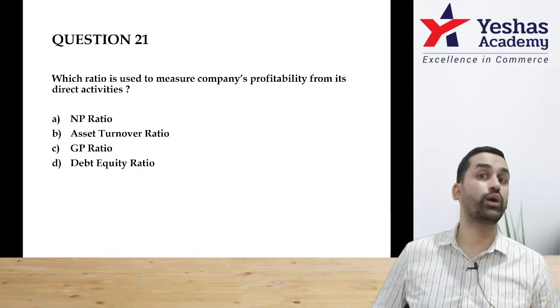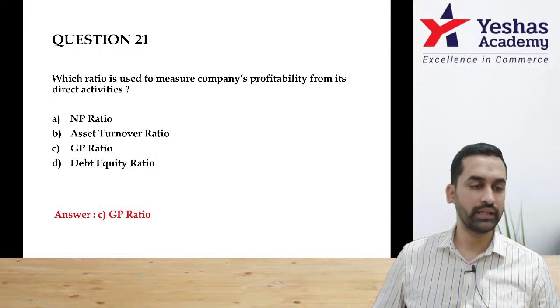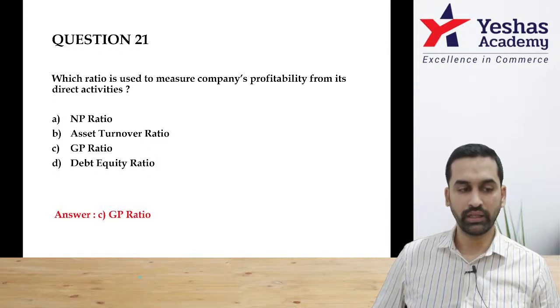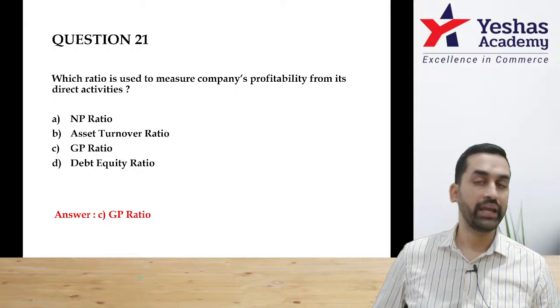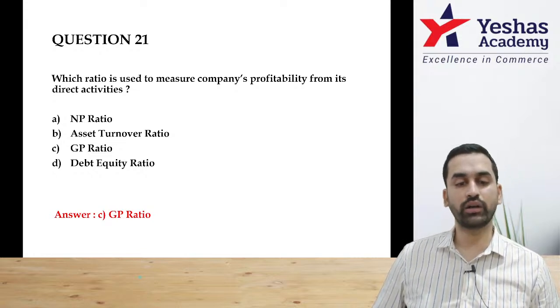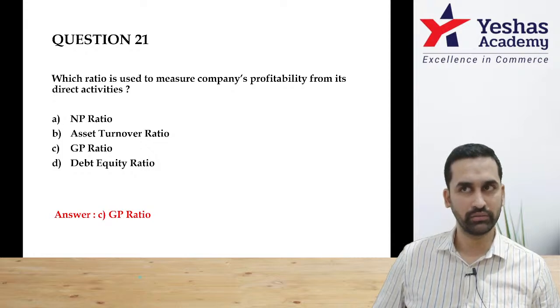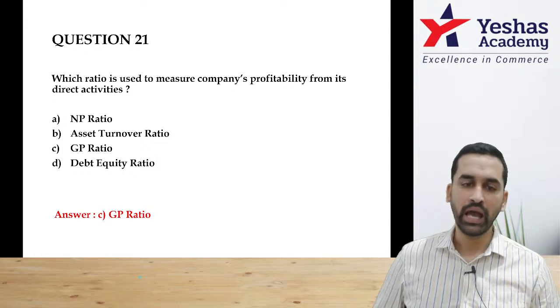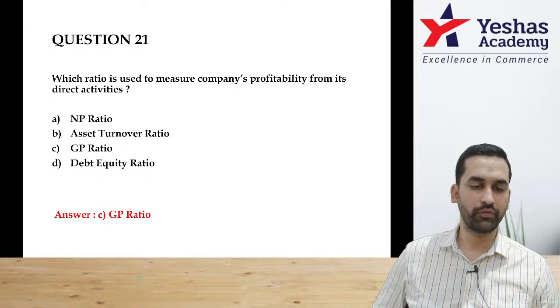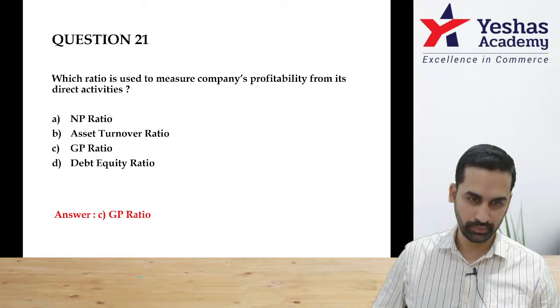Sir, they're talking about gross profit. That's exactly the answer. GP ratio is for direct activity. If they say indirect activity, then they're talking about NP ratio, net profit ratio. As of now, the question is direct activity. Therefore, I should go by GP ratio.